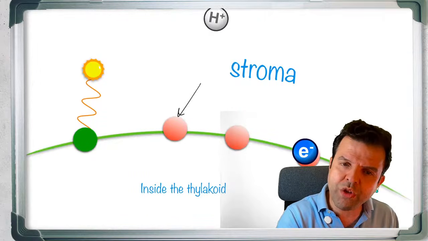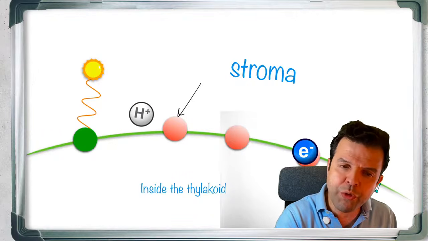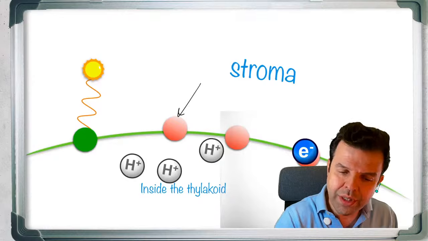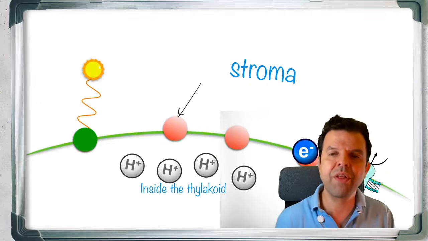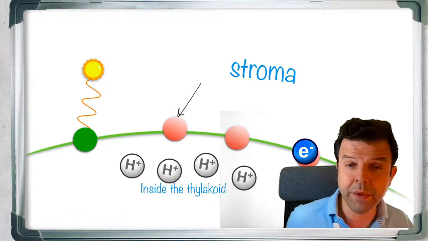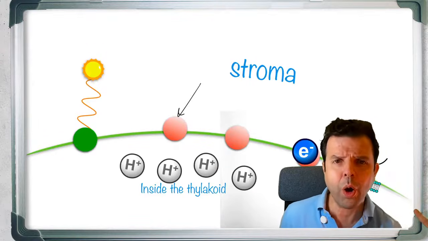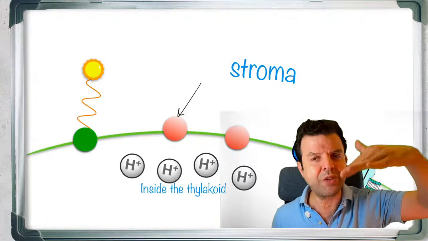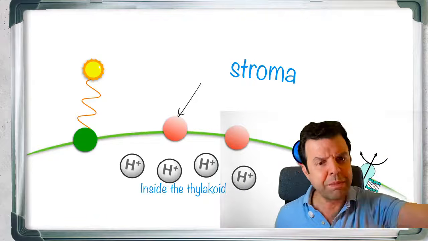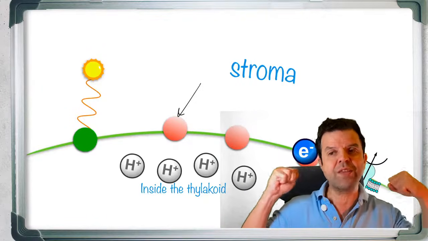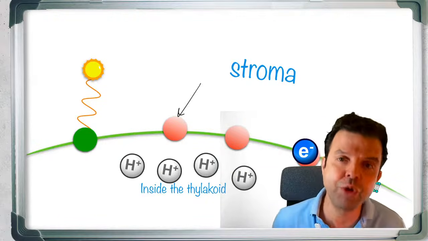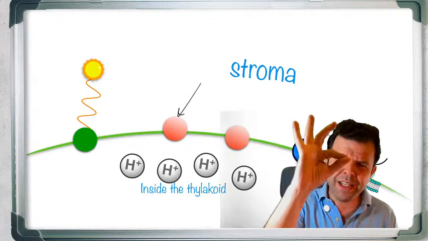The work we're doing here is that we're gonna move hydrogen ions into that thylakoid space. How? Simply, I have enough energy. While this electron is going down, it's giving me back that energy, and that energy is strong enough to pull hydrogen ions into the thylakoid, the tiny space inside.